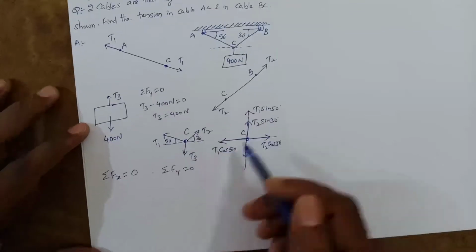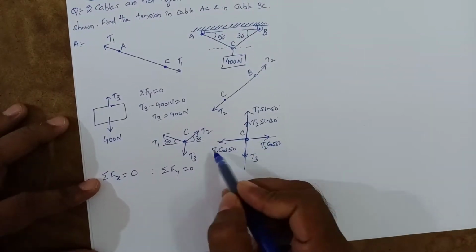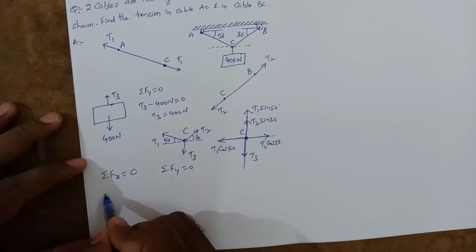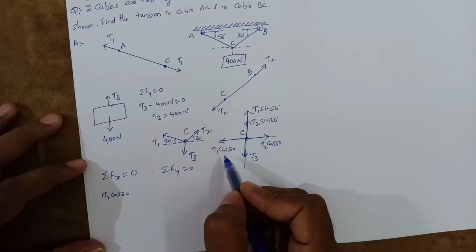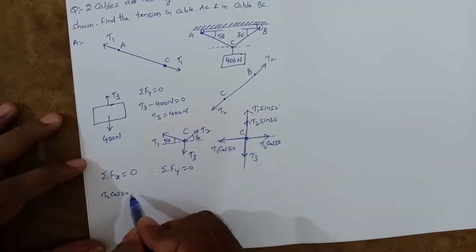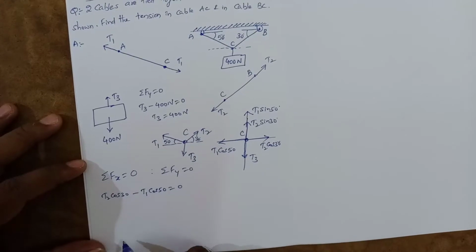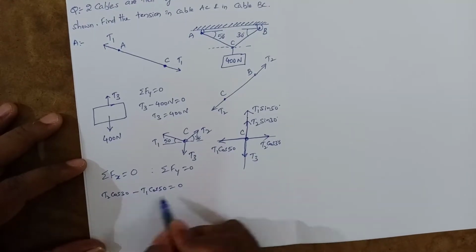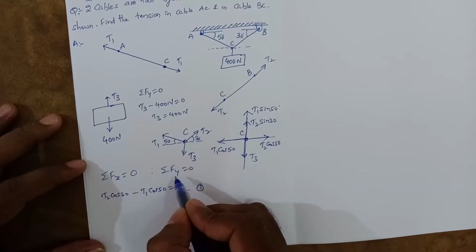Now writing sigma Fx, here again positive x direction as plus, negative x direction as negative, so it will become T2 cos 30 plus, and T1 cos 50 is acting in this direction, so it is minus T1 cos 50 is equal to 0, and this is say equation 1. Now write for sigma Fy equal to 0.